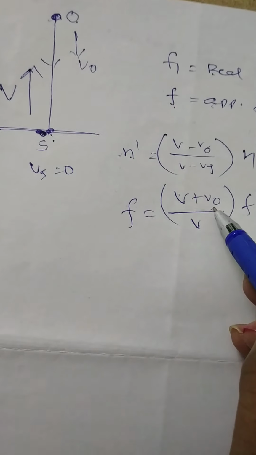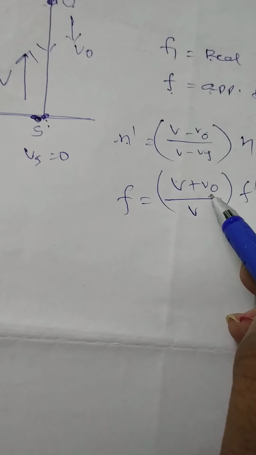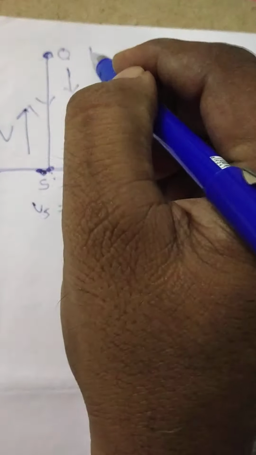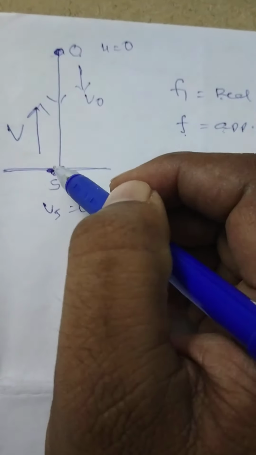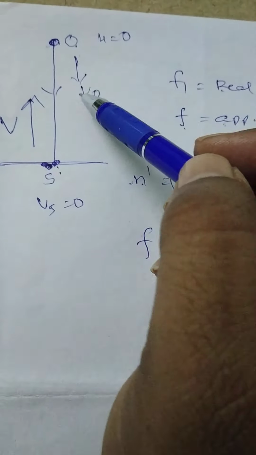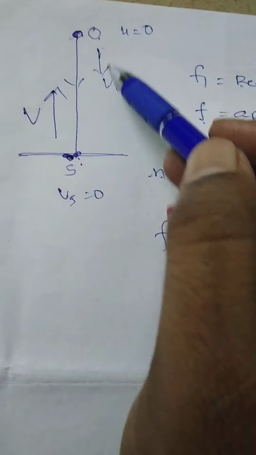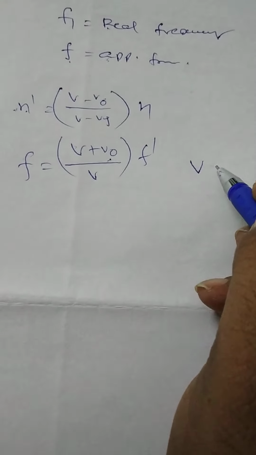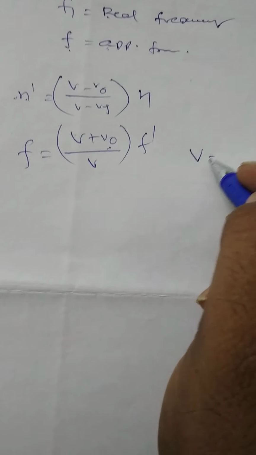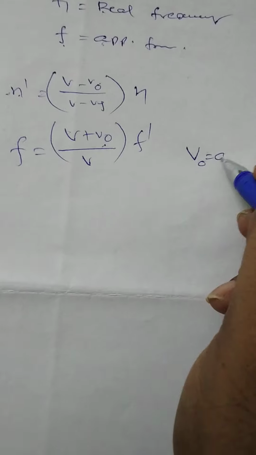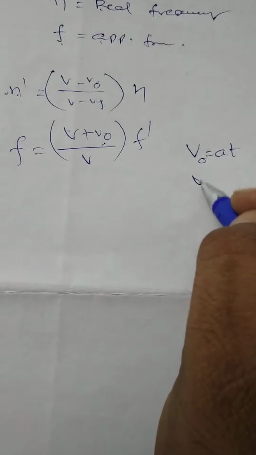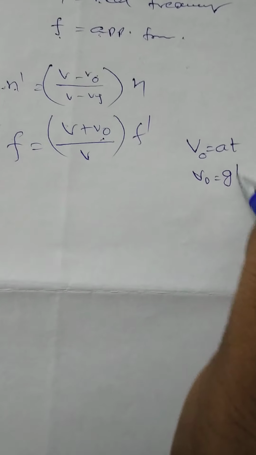Here V naught is the velocity of the observer after time t seconds. Initially, the velocity of the observer U is equal to 0. The velocity of the observer changes with respect to time because it is a freely falling body. That means final velocity V equals U plus at, with U equal to 0. So V naught is equal to a into t. Here a is equal to g, it is a freely falling body, so V naught is equal to gt.